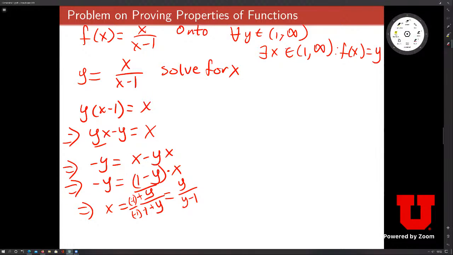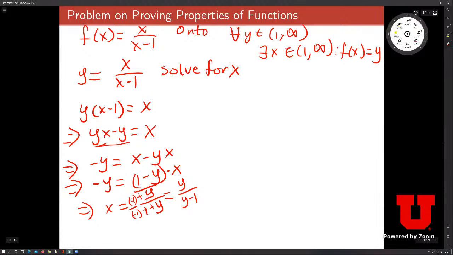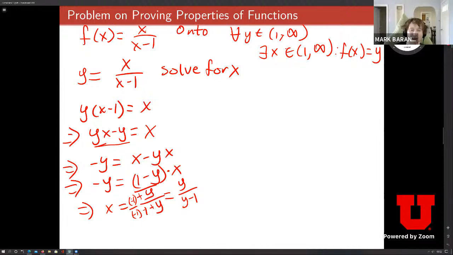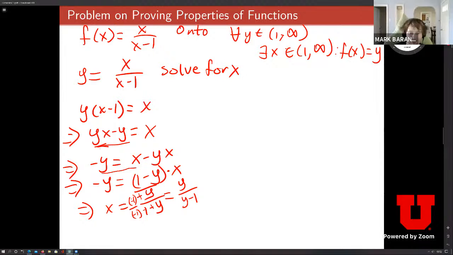Okay, so how did I get to this step? I'm confused how you went from negative y equals the quantity 1 minus y times x to just the next step.